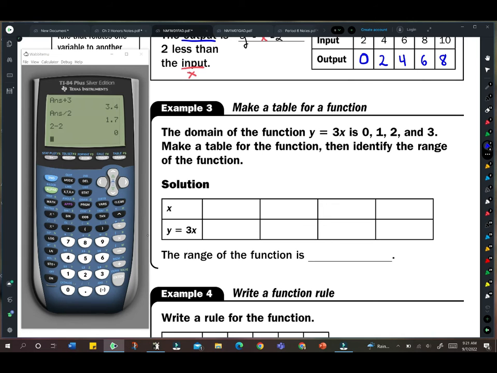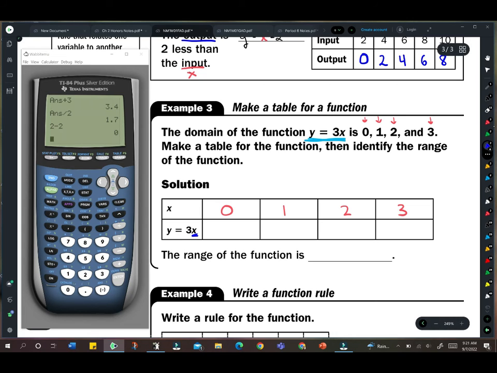Similarly, to make a table for a function over a given domain, like in example 3, we have a function for us, and it wants to know what the values are at these specific domain points. So it just wants to know what's going on at 0, 1, 2, and 3. So I put those in the domain section.